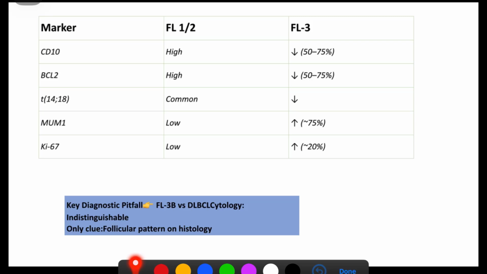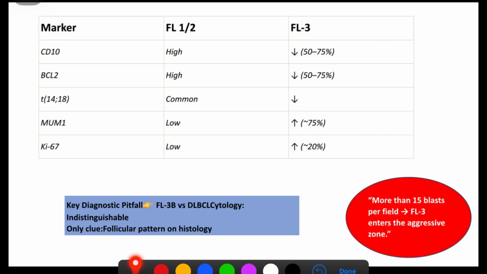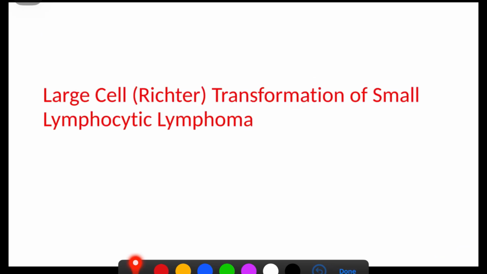It is indistinguishable on FNAC. We require histology for confirmation. So with more than 15 blasts per field, look for follicular lymphoma which has an aggressive look.